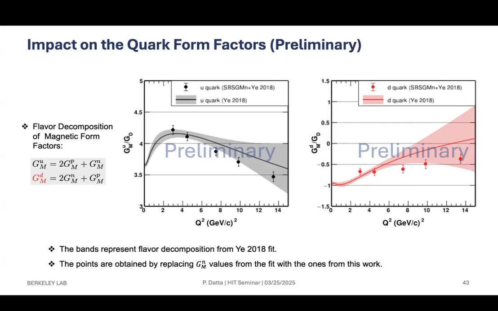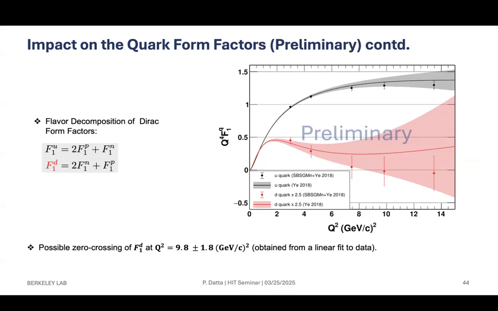It is also interesting to see how the Dirac form factor of the quarks looks with our results. We do a flavor decomposition in the same way, and here I'm plotting the Dirac form factor of the quark multiplied by Q to the power 4 as a function of Q squared.